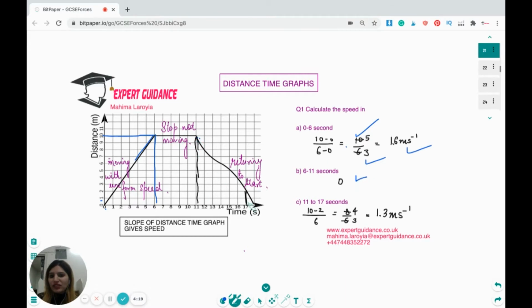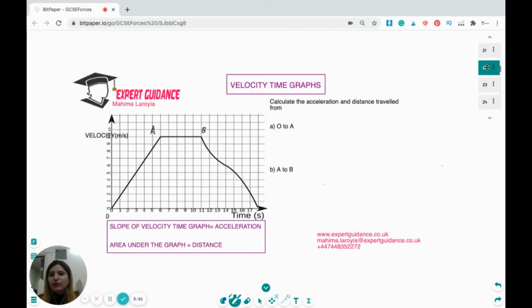Now from 11 to 17 seconds, we can assume this to be an ideally straight line, and we can work out the gradient by doing 10 minus 2 over the 11 minus 17, which is minus 6. So it will come out to be 1.3 meters per second. Okay, so it is slowing down with the speed of 1.3 meters per second. Okay, so I hope this distance time graph is clear to you.